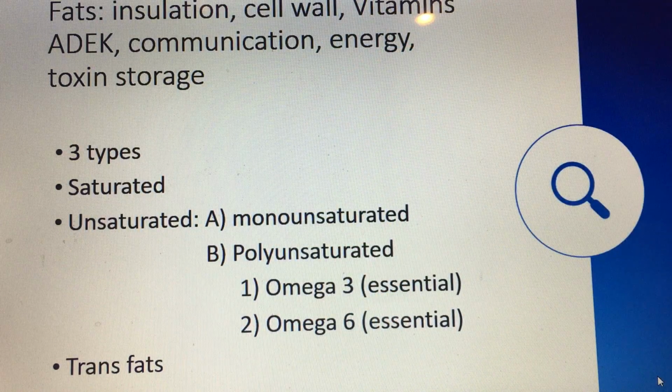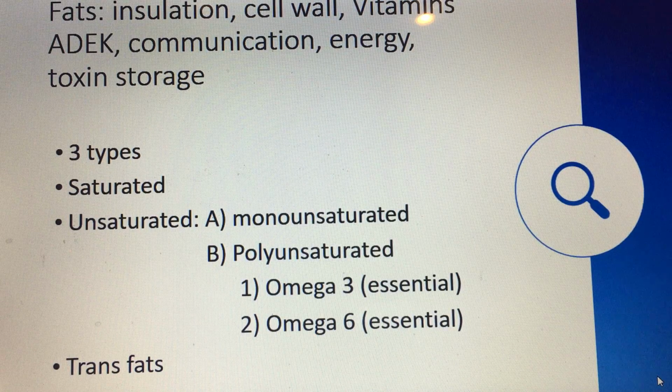Okay, now we're going to talk about fats. So fats are very important. We don't think about them too much, but they're very important. They provide insulation, and they're very important in cell wall integrity. Cells communicate with each other, and if the cell wall is not in good shape, then those cells can't communicate, and then systems can break down.